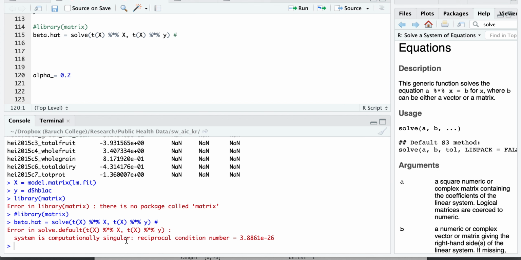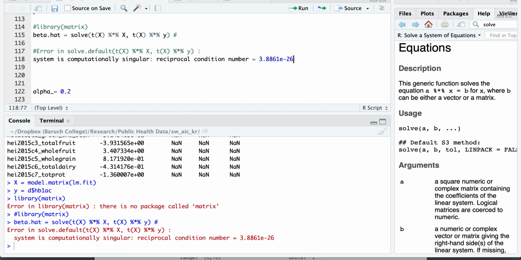System is computationally singular. This means that the columns of X are linearly dependent.